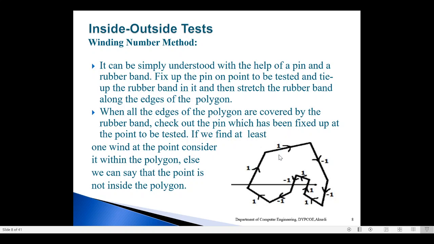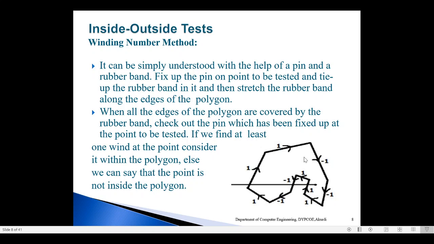So here we can consider that there is a rubber band which is stretchable. So here we can consider a pin. Pin can be put at the point which is to be tested, and then rubber band can be fixed up one end at the point and another end can be moved across the polygon.